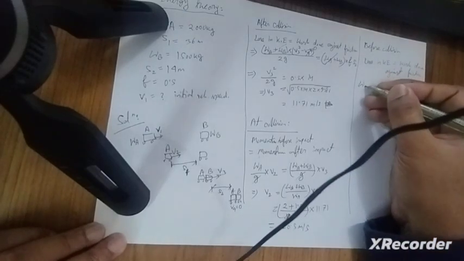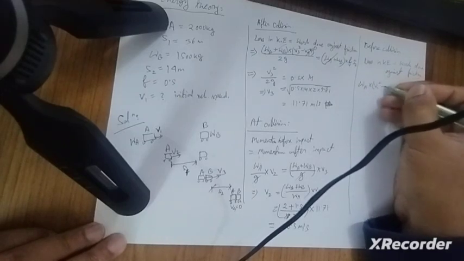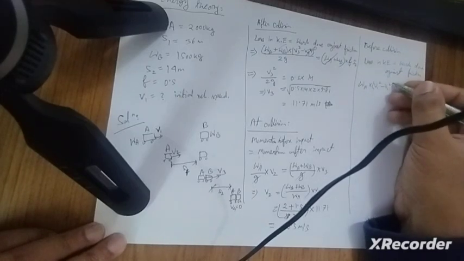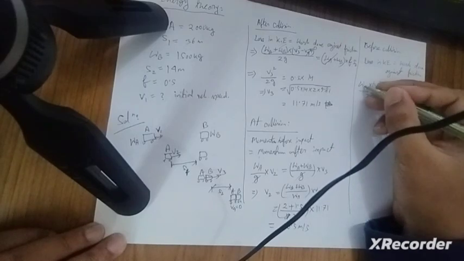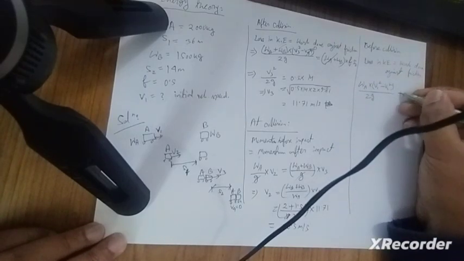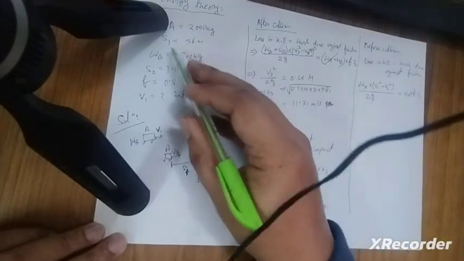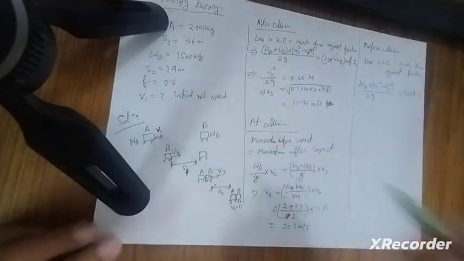In that case, our weight is WA, and the speed changes from V1 square to V2 square, divided by 2G, because we are converting weight to mass. Half mv square is the kinetic energy, and work done equals weight into friction value into S1, which is our displacement.